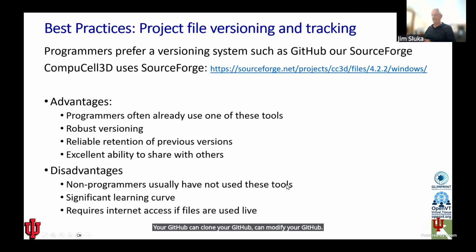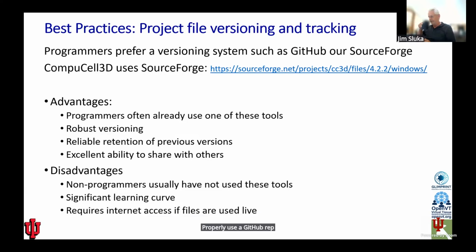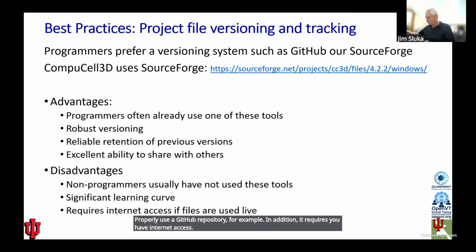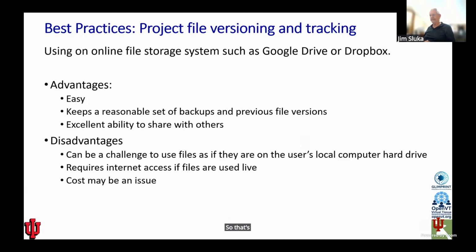Disadvantages of it, non-programmers usually have not used these tools, and the fact is they're not easy to use. It requires a significant amount of learning to properly use a GitHub repository, for example. In addition, it requires you have internet access, which isn't usually a big deal, but it is something to consider. So that's one approach, GitHub.